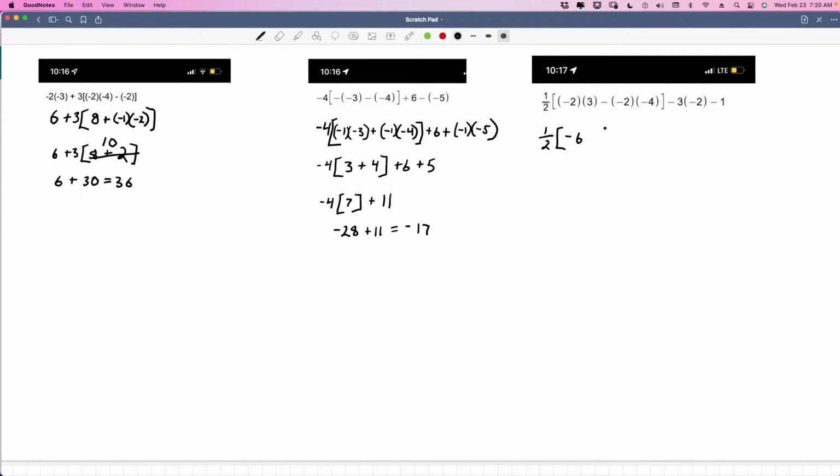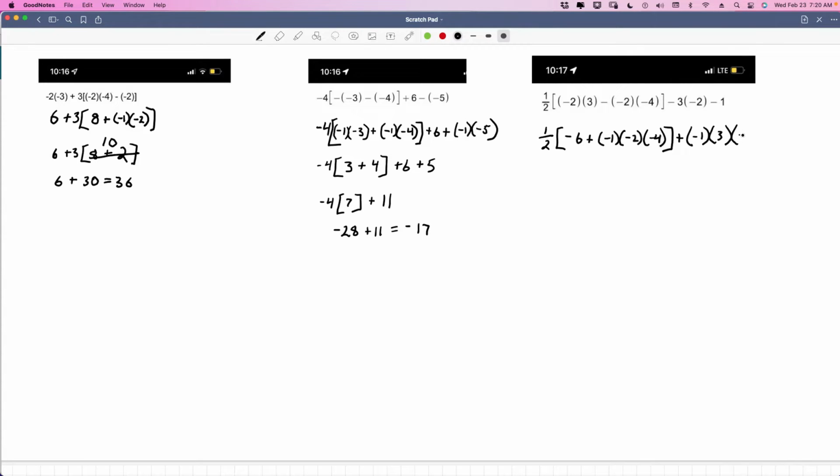Okay. Then we have plus a negative 1 times a negative 2 times a negative 4. Plus a negative 1 times 3, right? That's that negative 3.